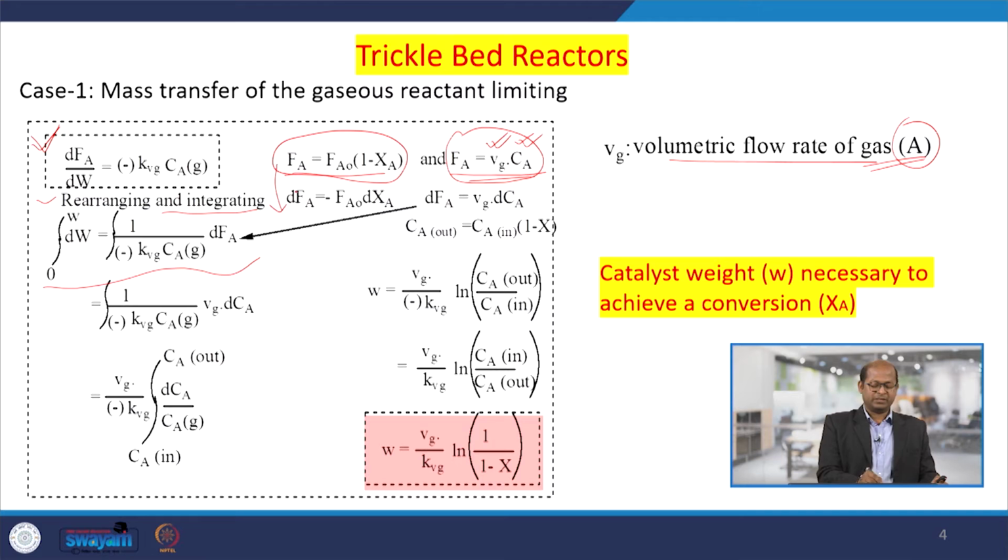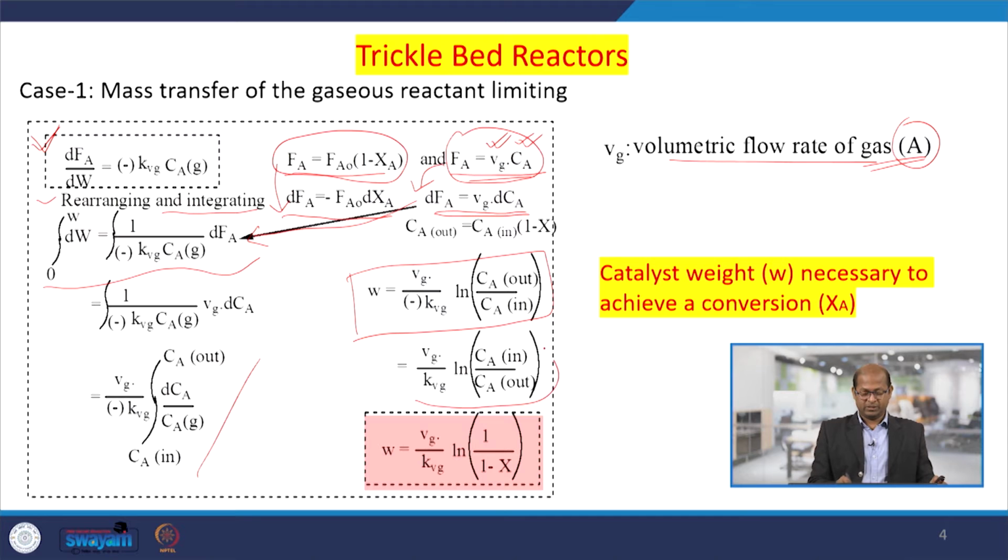If we differentiate this, then we will get dFA equals minus FA naught dxA, and dFA equals Vg into dCA. Now we can substitute this, and in terms of concentrations we can write these equations. After integrating we will get this.